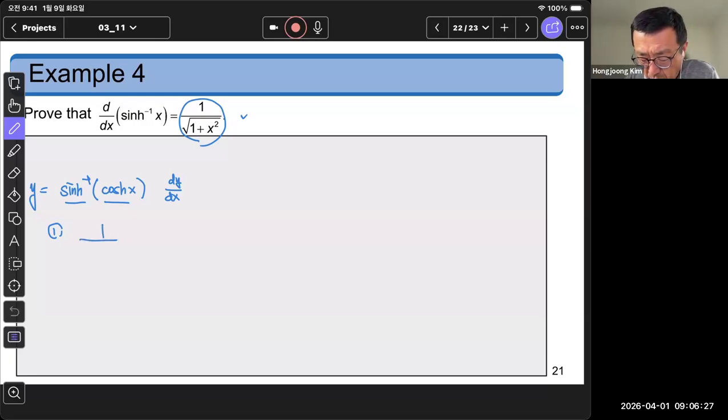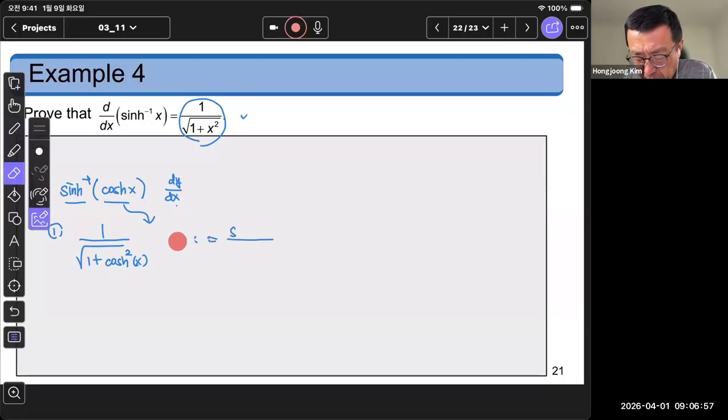That means 1 over the square root of 1 plus hyperbolic cosine squared. Then I need to multiply by the derivative of the inner function, which is, I'm sorry, not hyperbolic secant, hyperbolic sine.